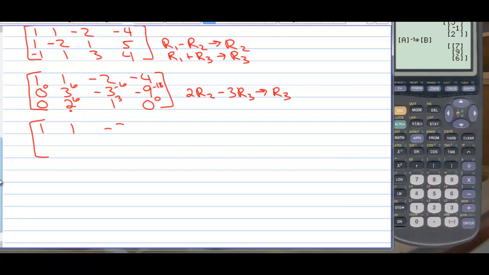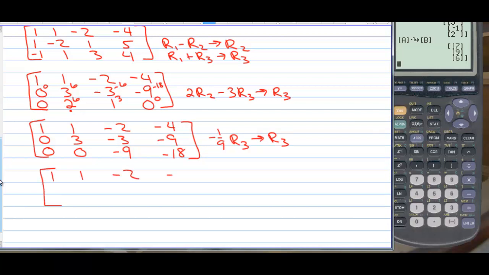1, 1, negative 2, negative 4. We have 0, 3, negative 9, and 0, 0. We're subtracting. Negative 6 minus 3 is negative 9. Negative 18 minus 0 is negative 18. Well, now we can take negative 1/9 times row 3, and we can replace row 3. 1, 1, negative 2, negative 4.